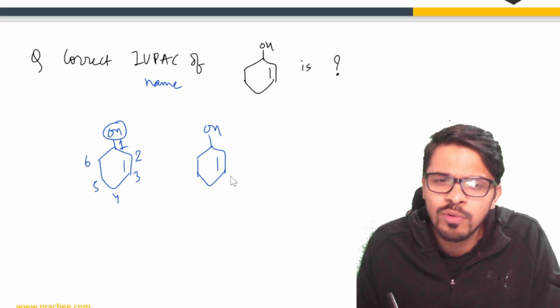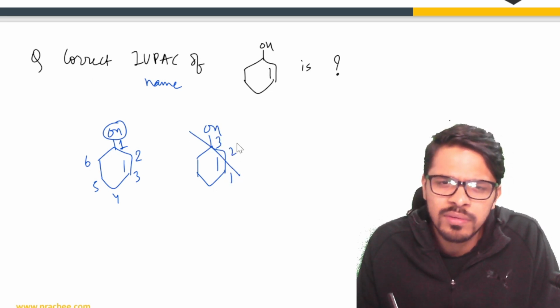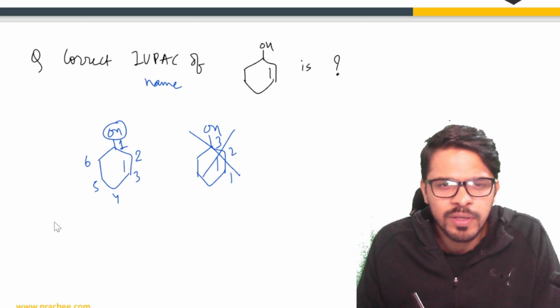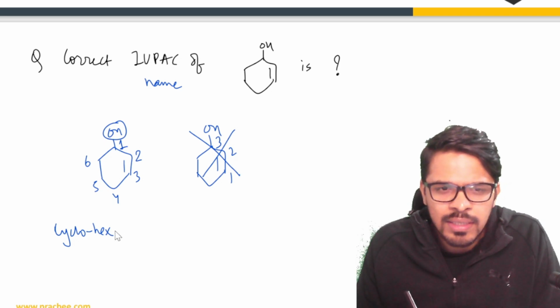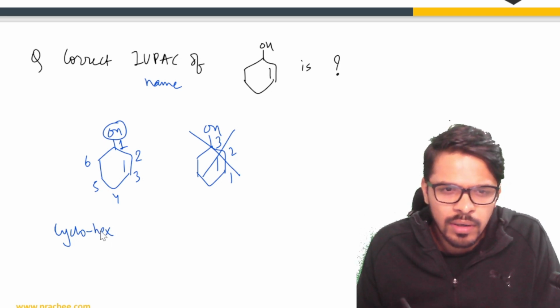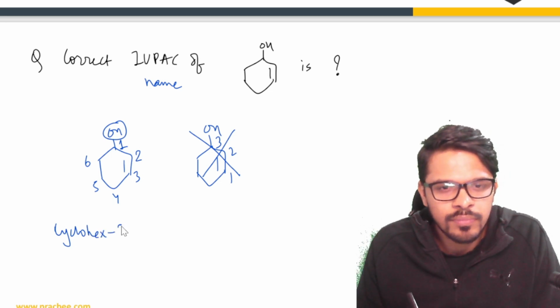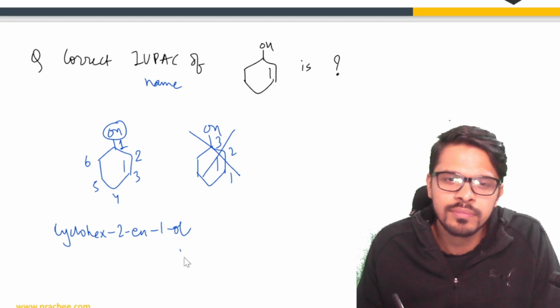We'll give priority to the functional group. This is wrong numbering. So the name would be cyclohex-2-en-1-ol. This is the correct name.